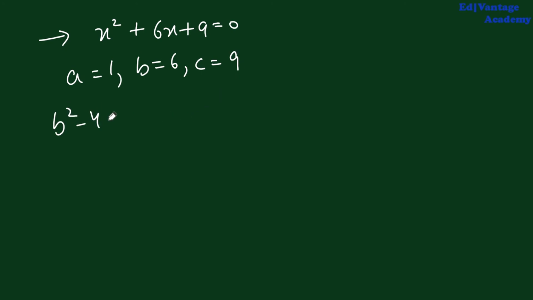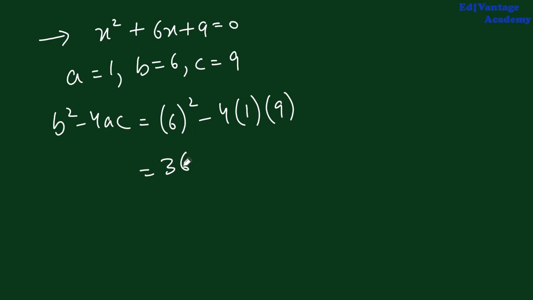So b square minus 4ac will come as b square here minus 4a in this one and c in this one, in brackets. Use brackets in calculations, there will be minimum chances of mistakes. So b here, a that's 1, and c is 9. So 6 square is 36 and 4 into 1 into 9, that's coming 36. So you got 0. So you got b square minus 4ac is 0, right?